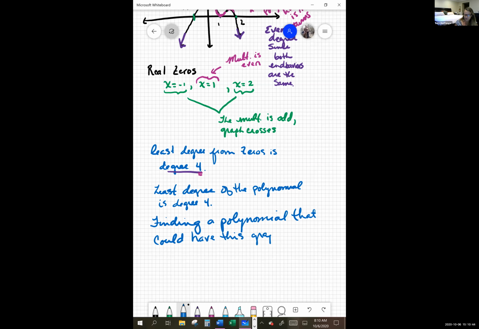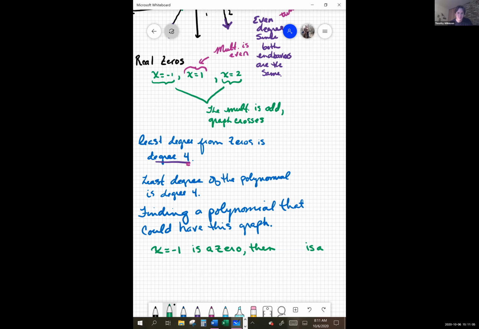Let's go back to the zeros, because from those zeros, we know what factors are. So if x equals -1 is a 0, then what would a factor be? +1.